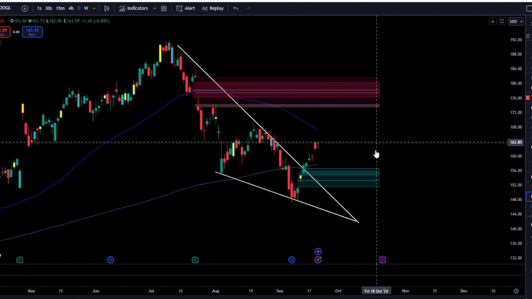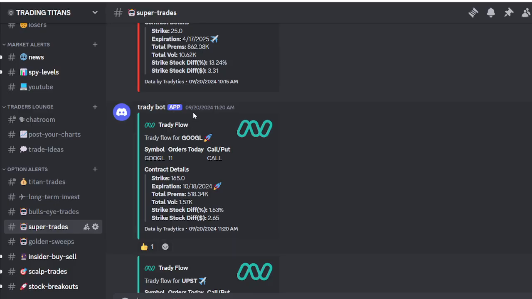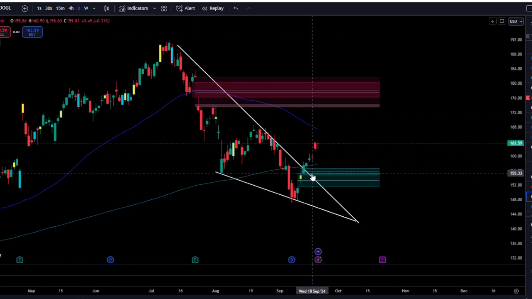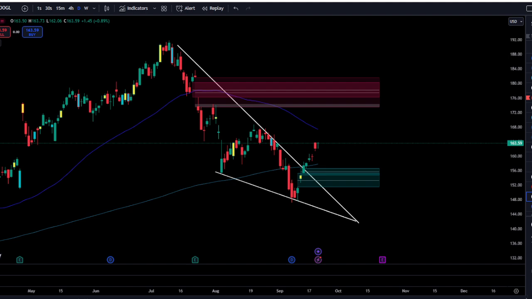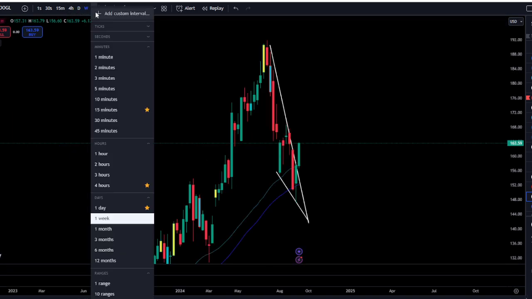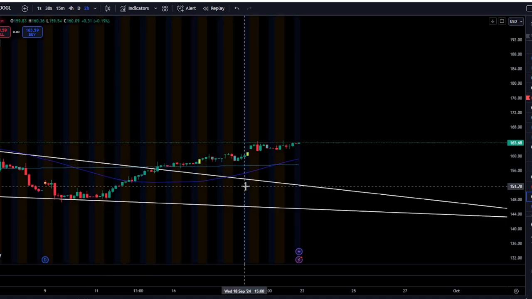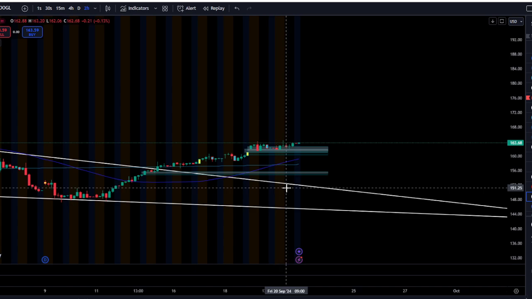I believe Google closed at 163.59, and this was alerted September 20th, right? So September 20th at around 11:20 a.m. Google has been pumping since 11:20 a.m., I will say that much. So we can actually try to see the time here.